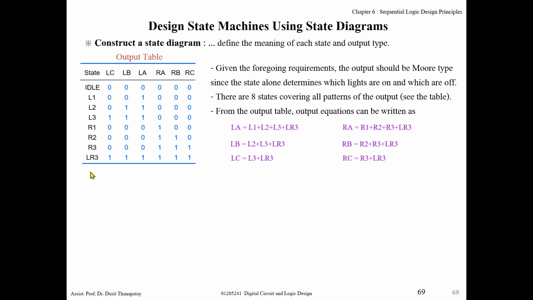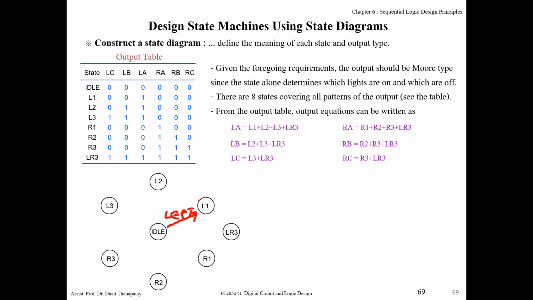Now you write the state diagram for this state machine. States idle, L1, L2, L3, R1, R2, R3, and LR3. From this problem, if input left is active, it changes from idle to L1.